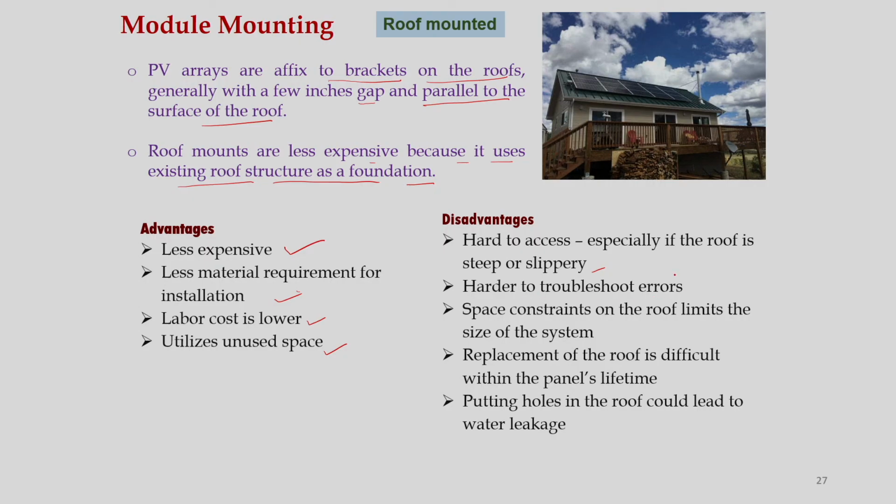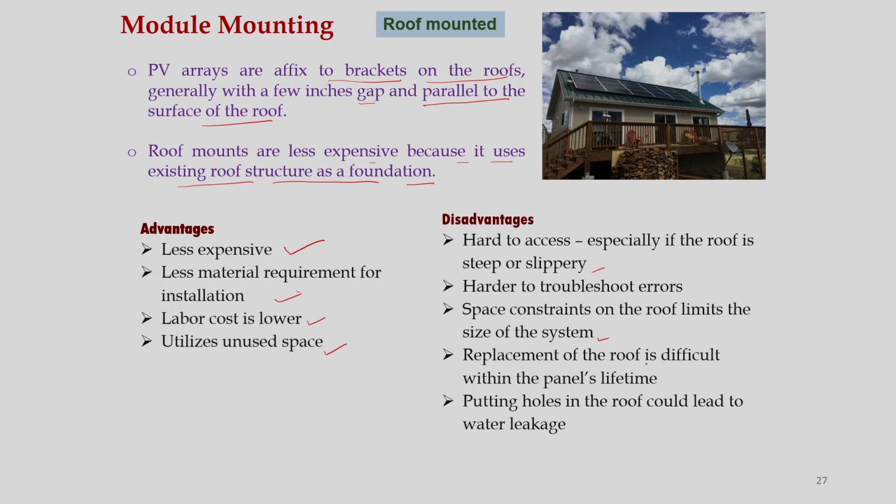Again, if something goes wrong, then some technician has to visit the site and then rectify the system. So, it is difficult, and space constraints on the roof limit the size of the system. So, if we design a very high capacity PV system on a small roof, it is not feasible, right. So, that limits the system, and replacement of the roof is difficult within the panel's lifetime.